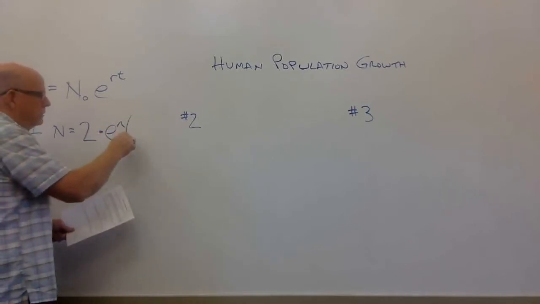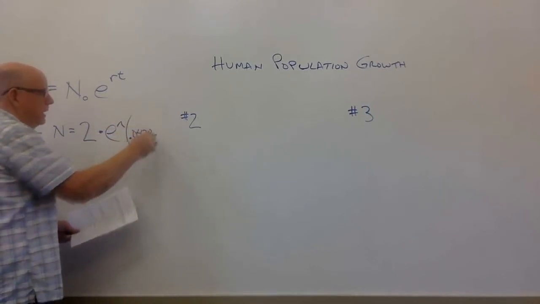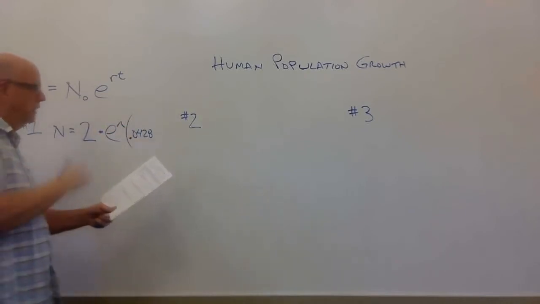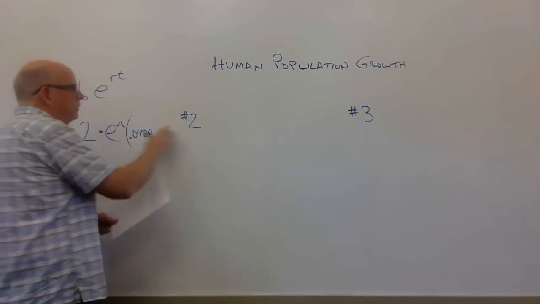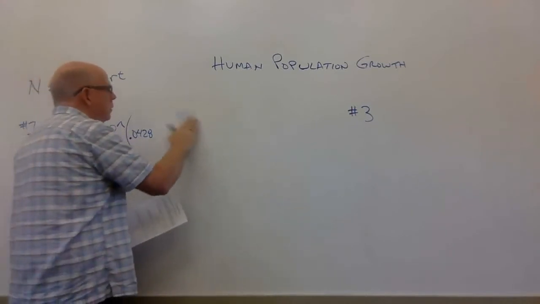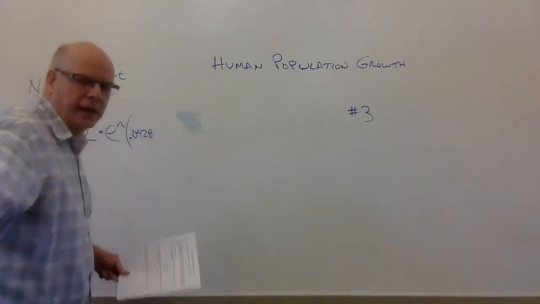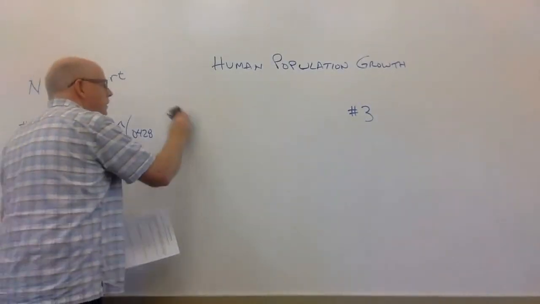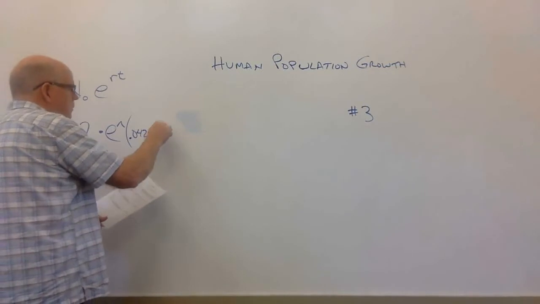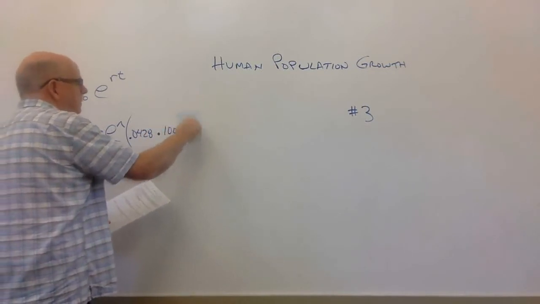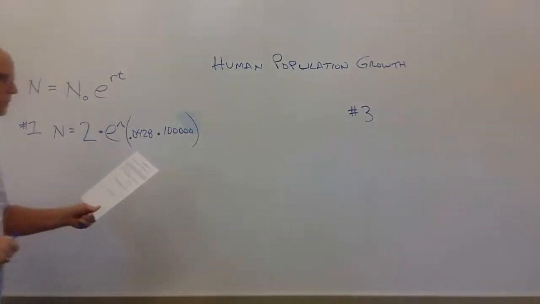The R, 0.0428, because again, we're going to transfer that percentage to a decimal, and we're going to multiply that, and you can move my number 2 here. We're going to multiply that by the number of years that we're using in this example. So we said in this example we would use 100,000 years. And so that's what the E is going to be raised to.